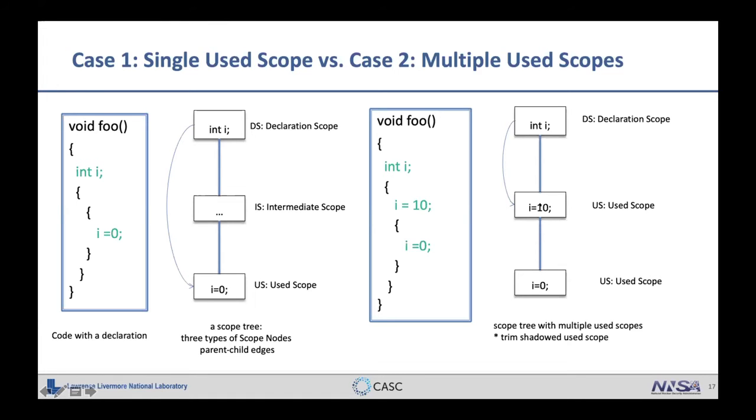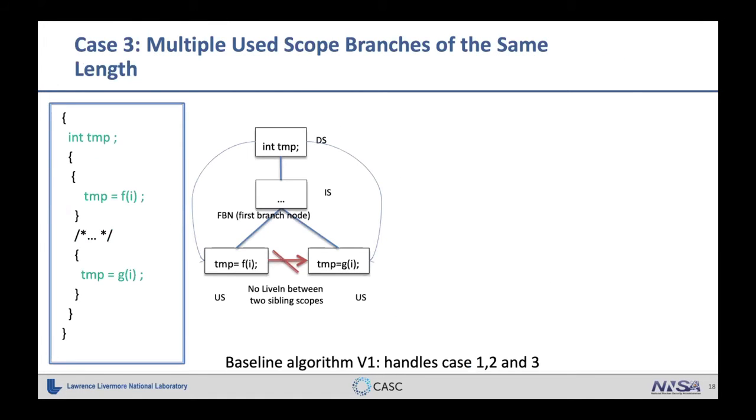That's the second case. Of course, in real code, there could be multiple branches in your scope tree. So when you want to move the variable declarations, you really have to figure out the live-in relation among the scopes at the same level.